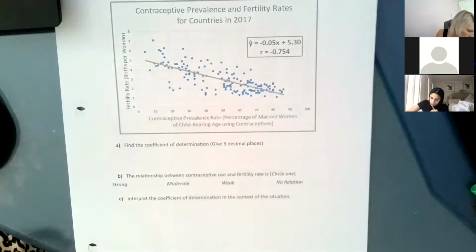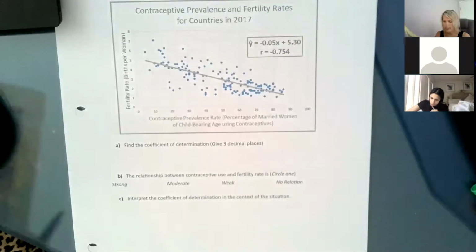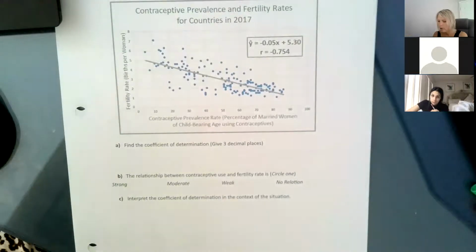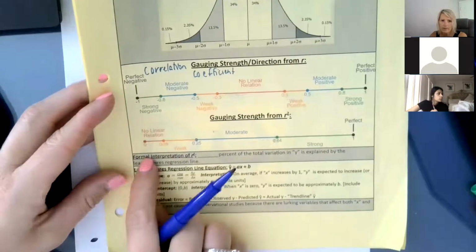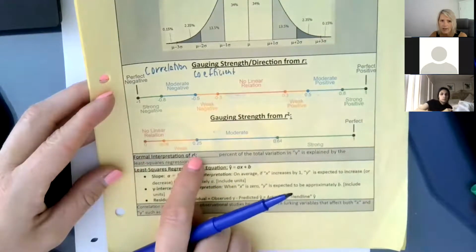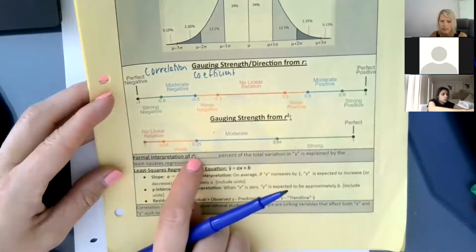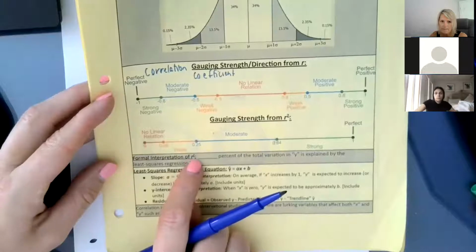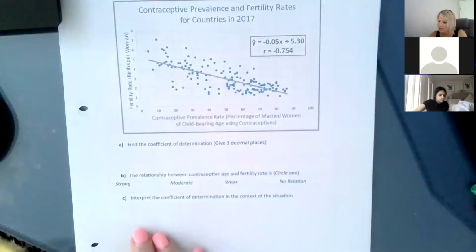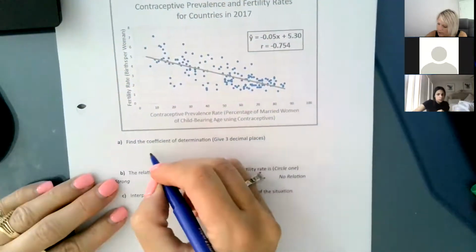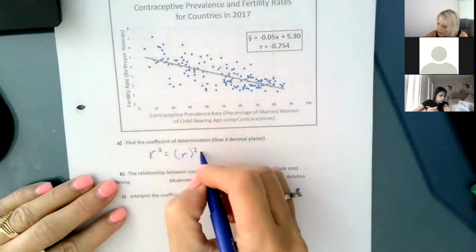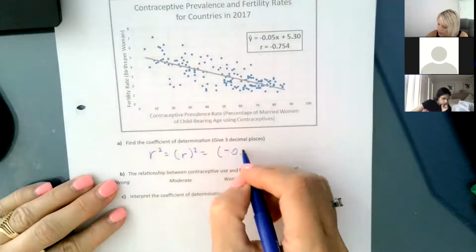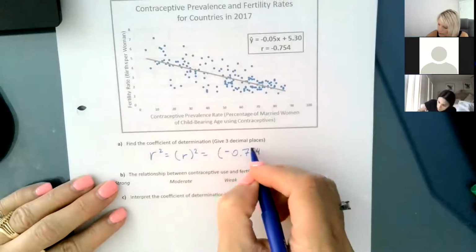Make sure you are writing that down on your note sheet because students get mixed up. The interpretation for the R squared is the coefficient of determination. So we have to take R and square it. We're taking negative 0.754 and squaring it.